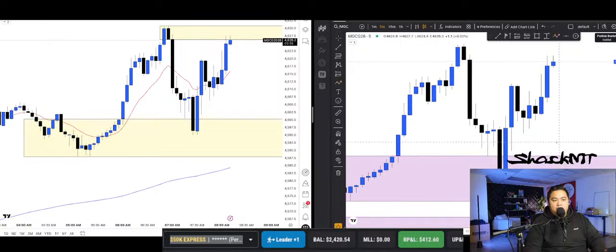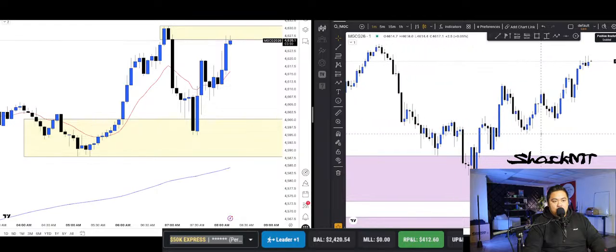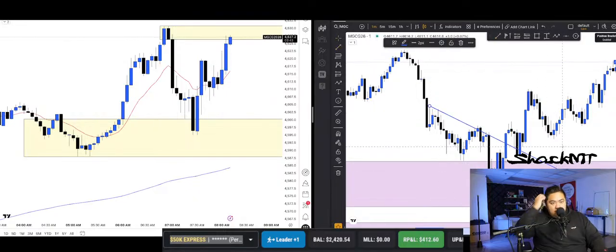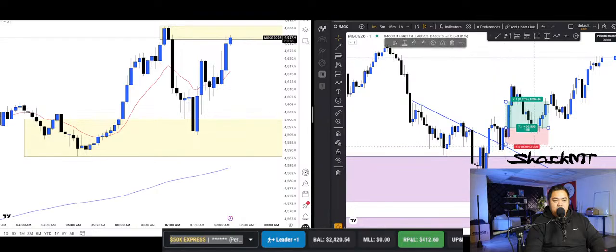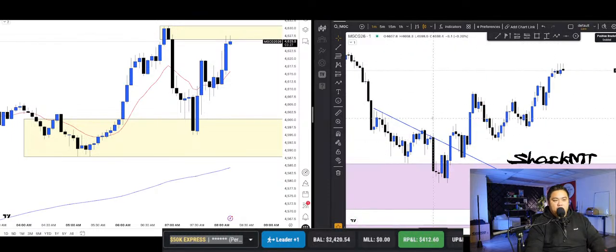So then what you'd want to do is wait for some sort of break, which we did, and we went long on the trendline break on the express accounts. So I drew this, and on the express accounts we were in here with stops here. So we went long, aiming for up here, got stopped out here, took profits, done for the day.